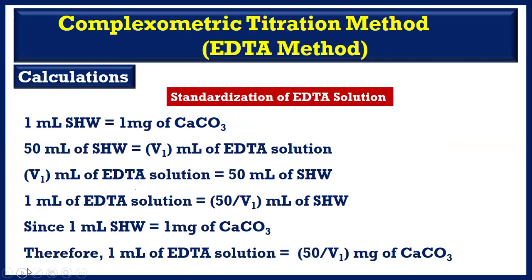Now the calculation part. In the standardization, we know that EDTA volume is directly proportional to the calcium or magnesium ions. So we are having the reading in milliliters here, but the hardness is presented in parts per million or the calcium carbonate equivalent. So we have to convert this volume into the calcium carbonate equivalents.